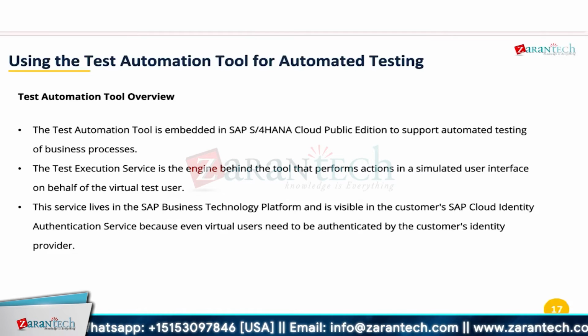So basically, the creation of the custom automation is done through SAP BTP, because in SAP BTP you can do the customer specific integration scenarios. So this is also an integration scenario and is visible in the customer's cloud identity authentication service, because the virtual users need to be authenticated by customer's identity provider.